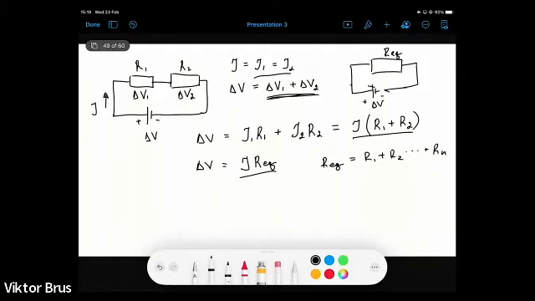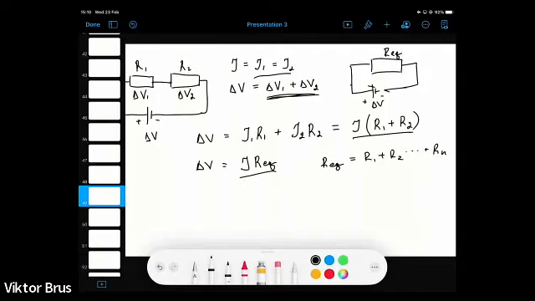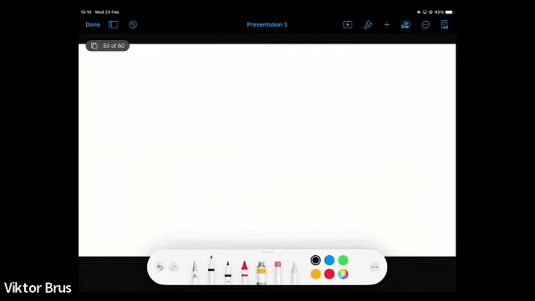So the next circuit which we want to consider is parallel connection of resistors. So we have such a circuit with some battery.